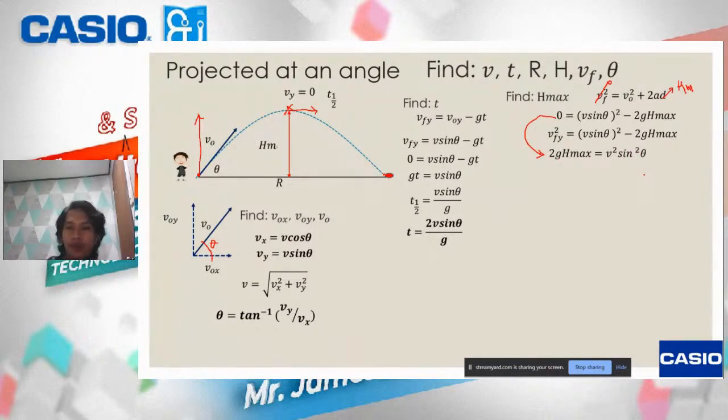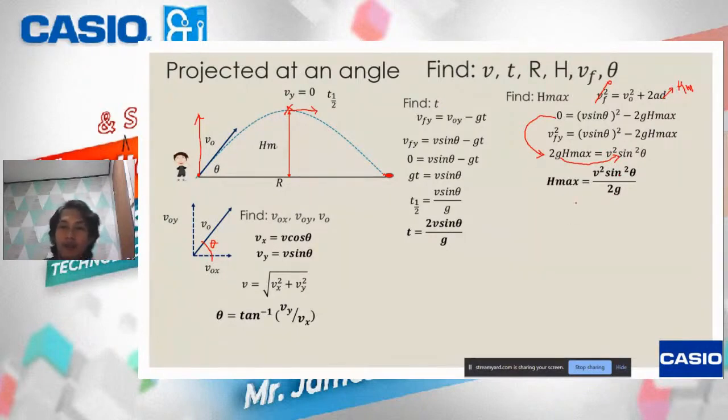So, to isolate h max, we multiply both sides by 1/2g to cancel the 2g here, and the 2g goes down to the denominator.